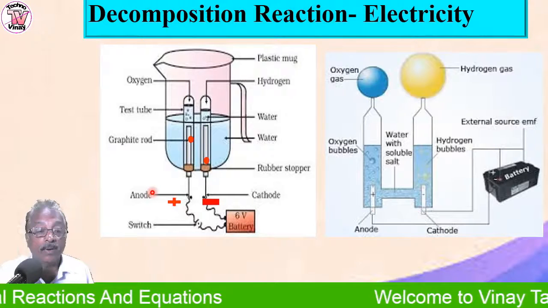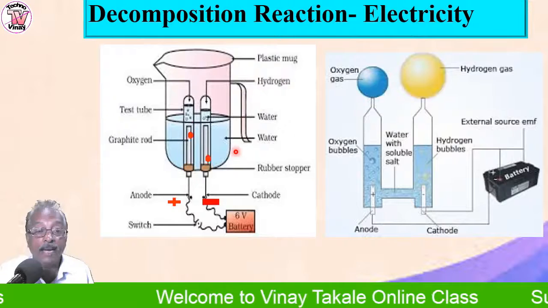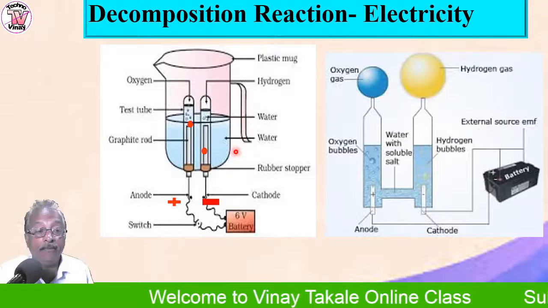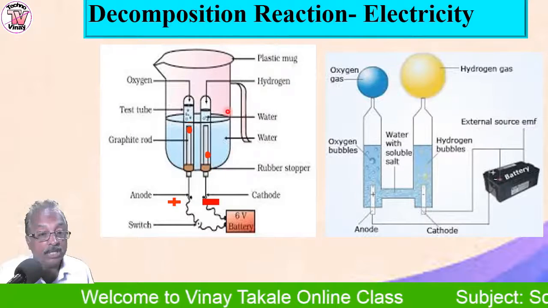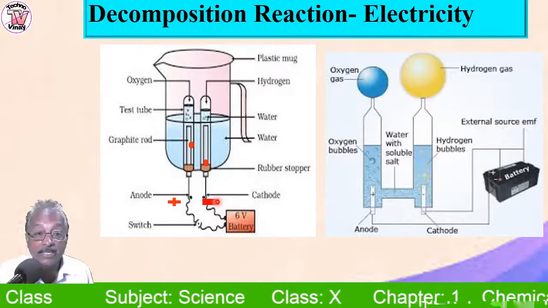Follow, no? So here, when you pass the electric current into this water, H2O, it will break apart to form hydrogen and oxygen. So at one electrode the gas given out is hydrogen, and at the other electrode the gas given out is oxygen. So how to know which gas is given out at which electrode? Cathode has a negative sign, so the gas given out here is H, that is hydrogen.